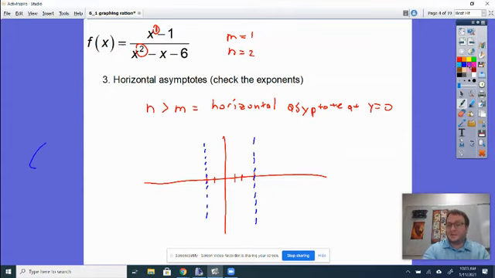I've got an x-intercept here and a y-intercept about right there. Okay, and then I've got a horizontal asymptote at y equals 0.